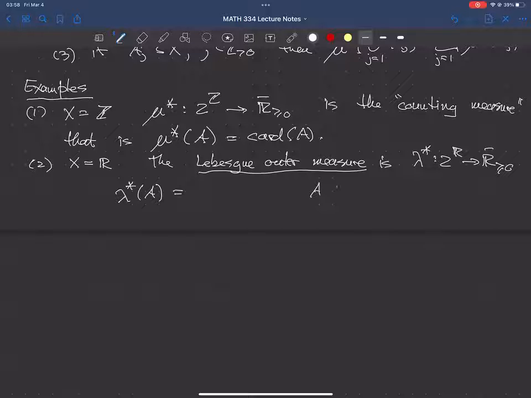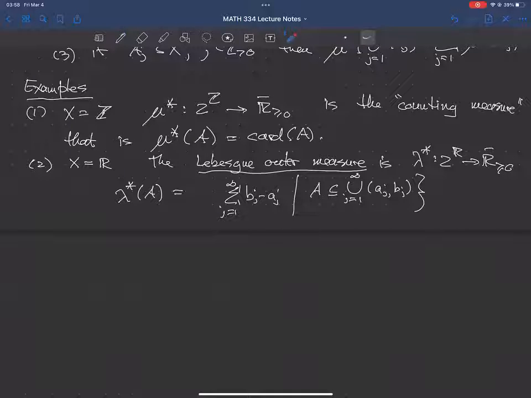So A is going to be contained in the union of a bunch of open intervals (a_j, b_j). Then for any such countable collection of open intervals, I'm going to take the sum of their lengths: the sum from j equals 1 to infinity of b_j minus a_j.